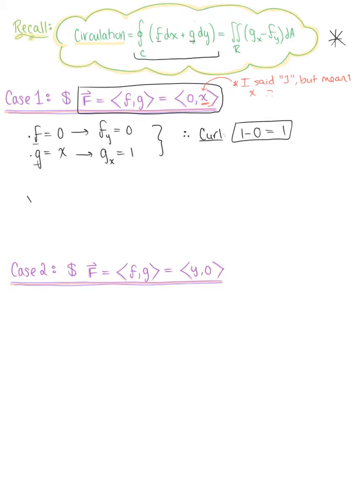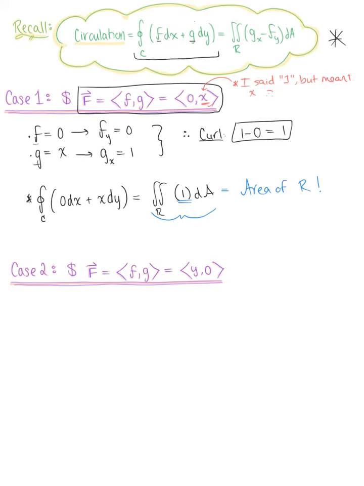We're also going to use these f and g components in the vector line integral. By Green's theorem, we have the vector line integral over the closed curve C of f dx, so that's 0 dx, plus g dy, so we have x dy, is equal to the double integral over the bounded region R of the curl, which we found to be 1 dA. Since the integrand is 1, this double integral is simply equal to the area of that bounded region.